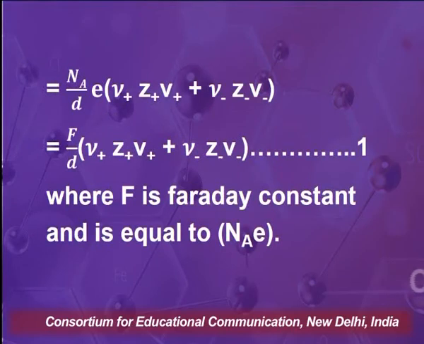It can be rearranged to get I equals F by d, nu+ z+ v+ plus nu- z- v-, where F is the Faraday constant and is equal to Na into e.